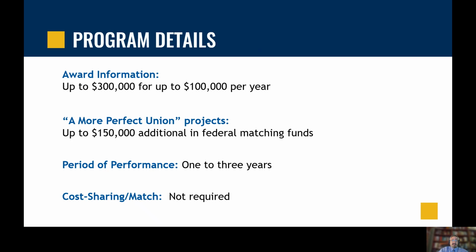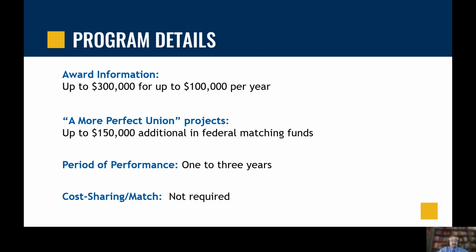And if you give us, say, an odd number of months, like 18 months, it will be prorated based on that $100,000 cap. So if it's 18 months, it'll be $150,000 as opposed to $200,000. Projects that are eligible for More Perfect Union money are eligible to ask for an additional $150,000 in matching-only funds. So you'll have to get matched money to receive more than the $300,000 for 3 years.